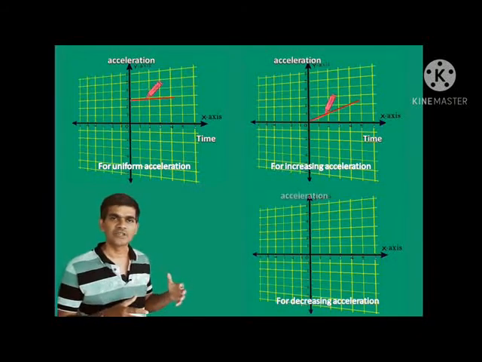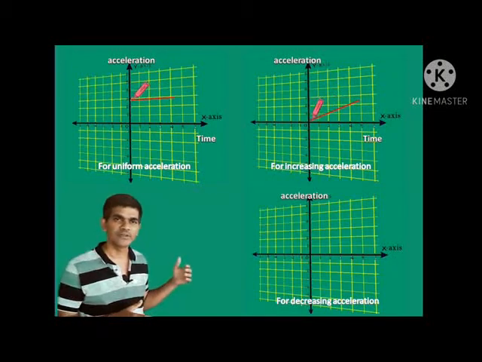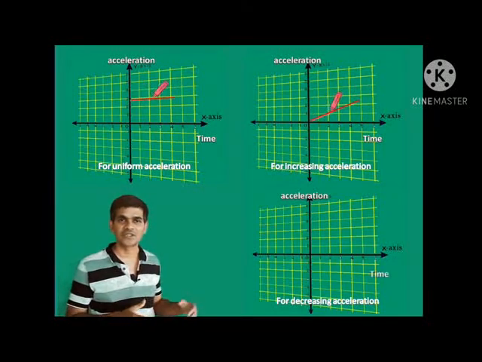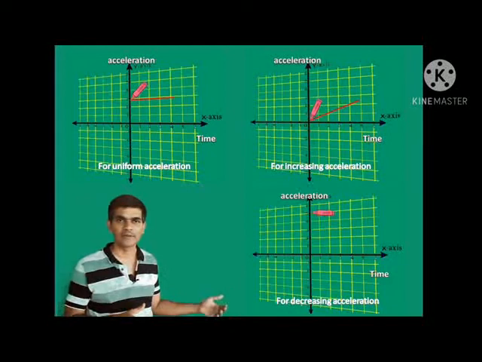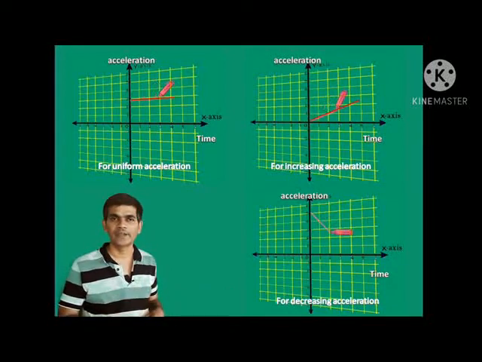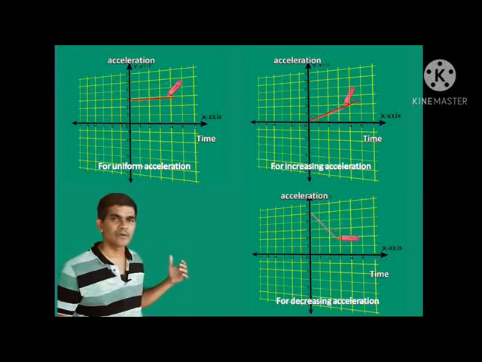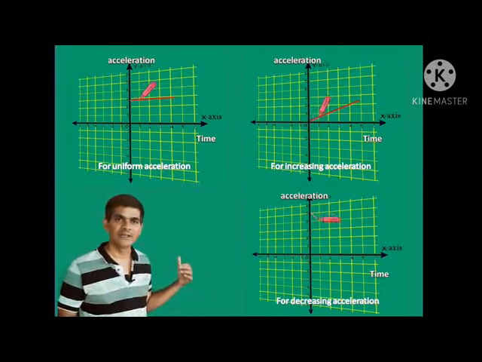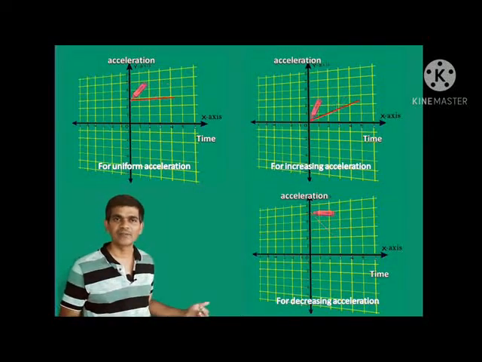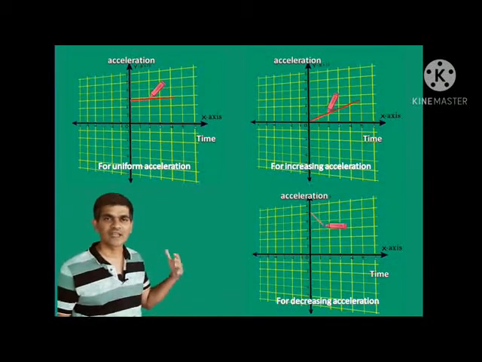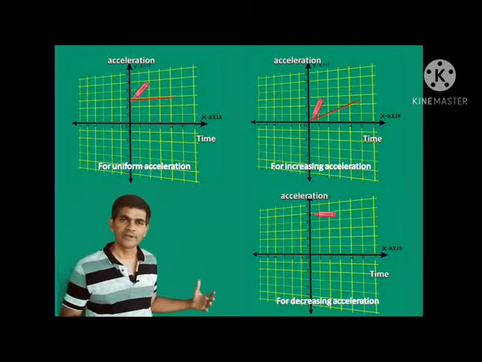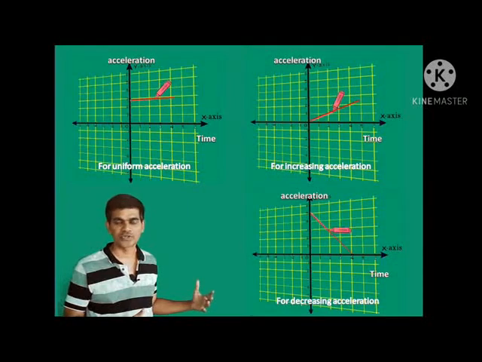Similarly, for a body whose acceleration is decreasing, for example when putting a brake on a vehicle, the acceleration keeps decreasing, then the acceleration time graph, as shown in the figure, decreases, inclined with the y-axis. These are the acceleration time graphs for different types of motions.